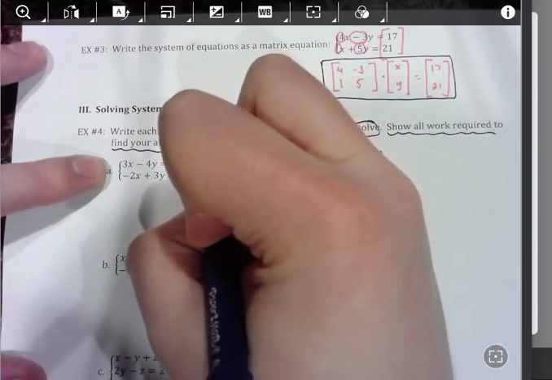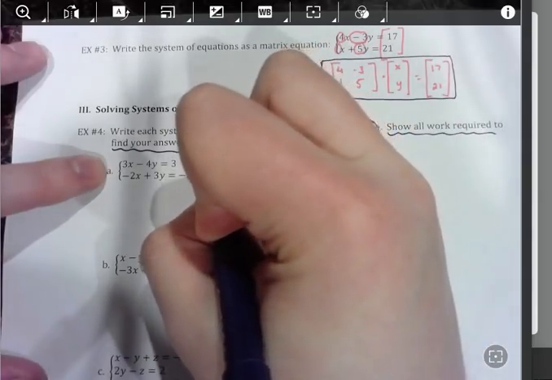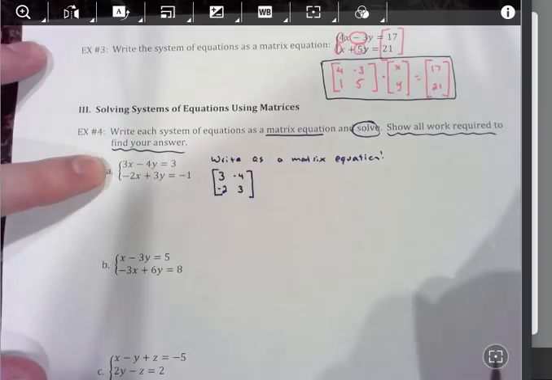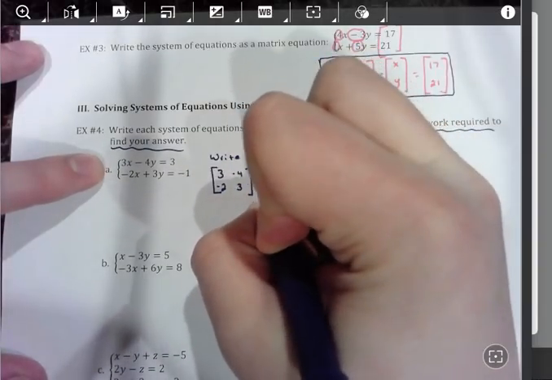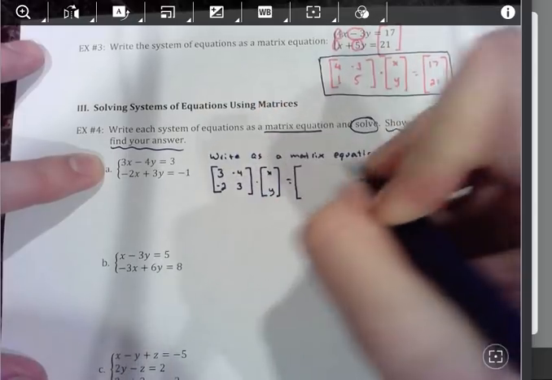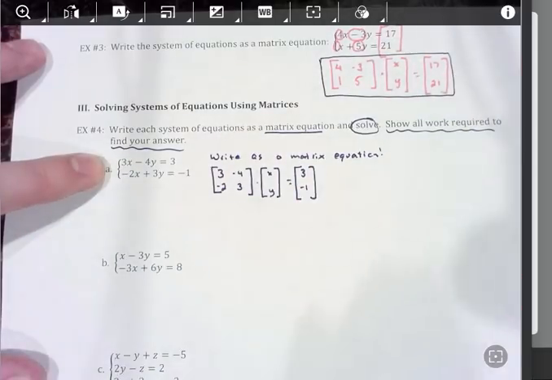That means I'm going to have a 2 by 2. And that's going to be 3, negative 4, negative 2, 3 times my variables, x, y, equals my answers, 3, negative 1. All right, there we go.